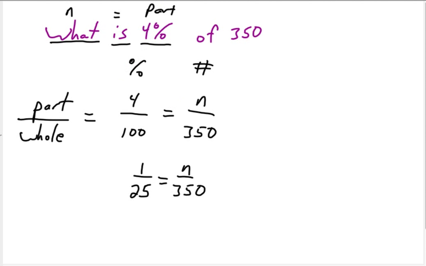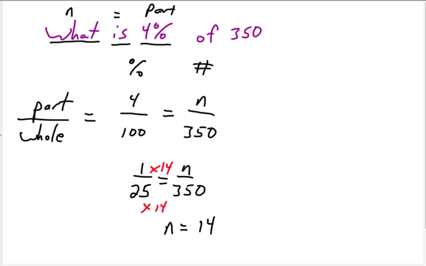Another way we can do this, which is slightly different from the previous one, is rather than doing cross products, we can just say, well, if I multiply 25 by 14, then I'm going to get 350. So I'll also do that up here. This does not always work because this number will not always evenly go into this other number here.